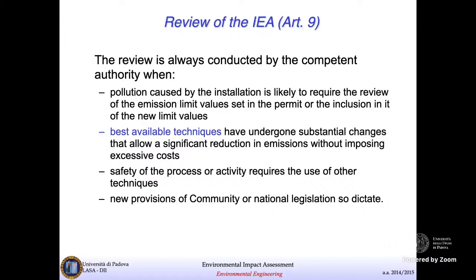So it is the task of the regional environmental agency to communicate that the emission limits have changed, so that a renewal of the authorization is required. Also, if best available techniques have undergone a substantial change that allows a significant reduction in emissions without imposing excessive costs, again, this is a case in which the integrated environmental authorization should be renewed.